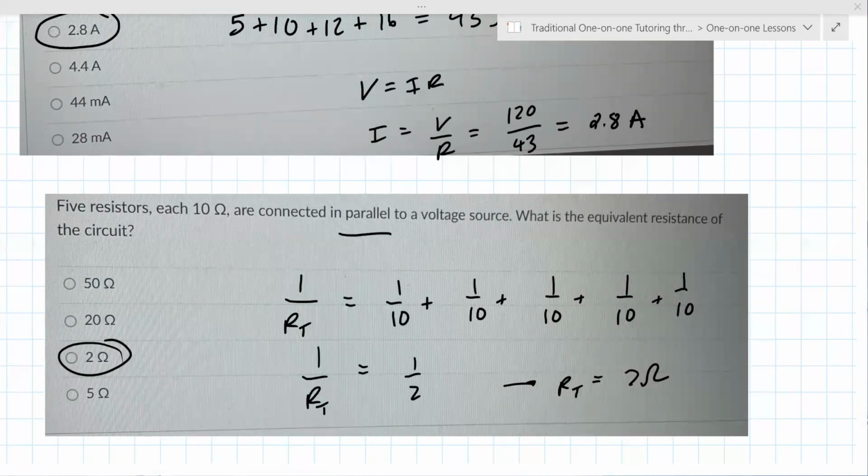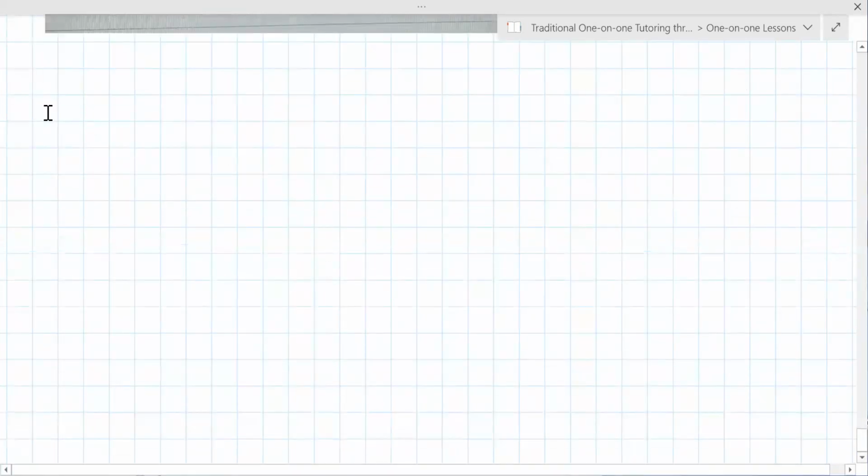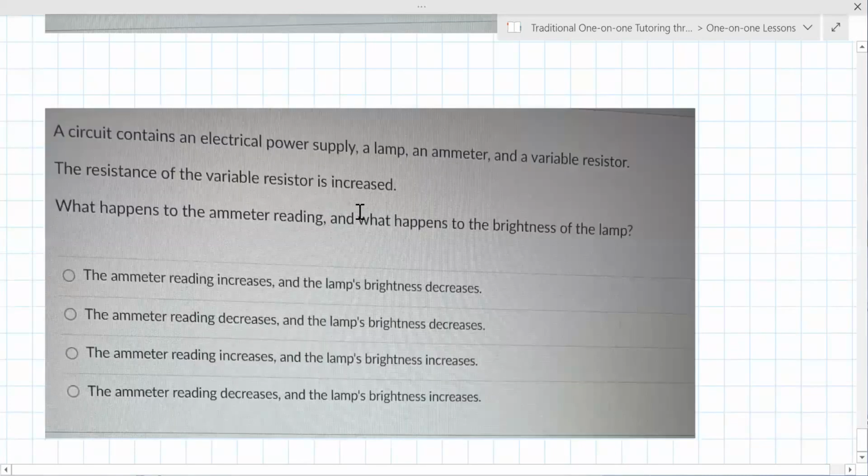Let's go to the last question here. Okay, a circuit contains an electrical power supply, a lamp, which is a bulb, an ammeter, so that's to measure current, and a variable resistor.